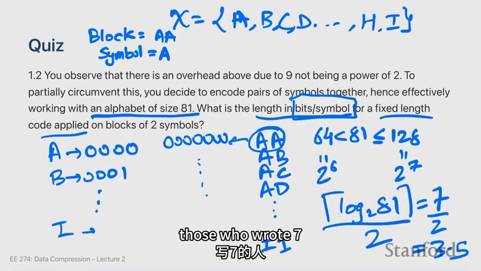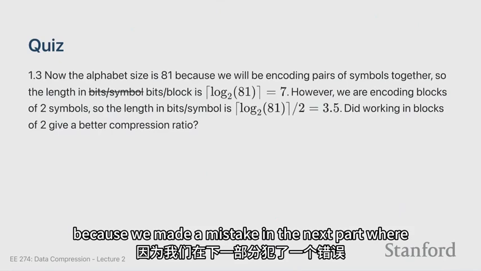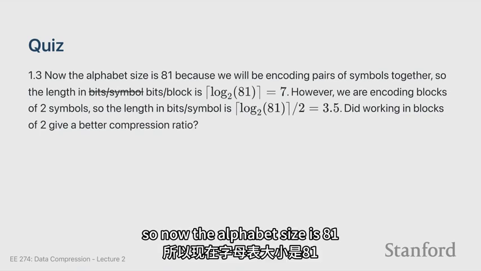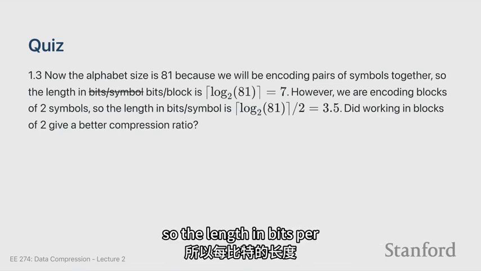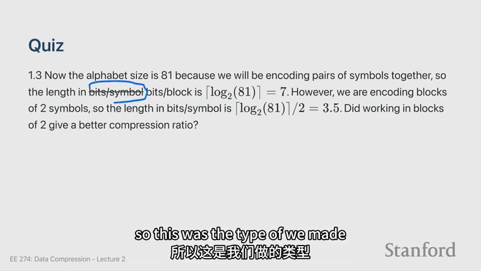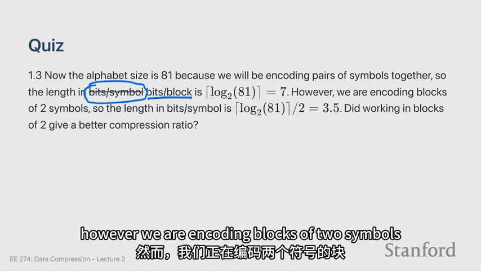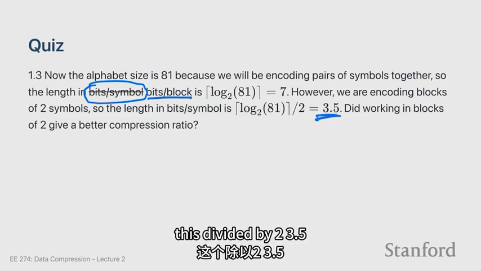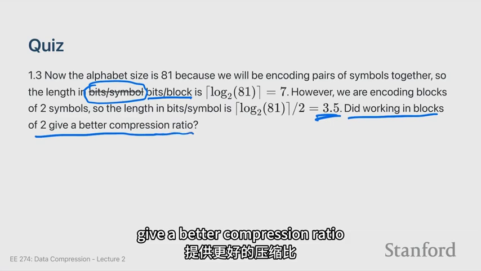And those who wrote 7, we will still give you marks because we made a mistake in the next part. Let me read the question. So now the alphabet size is 81 because we will be encoding pairs of symbols together. The length in bits per block, this was the typo we made, is log 81, which is 7. However, we are encoding blocks of 2 symbols, so the length in bits per symbol is this divided by 2, 3.5. And did working in blocks of 2 give a better compression ratio?